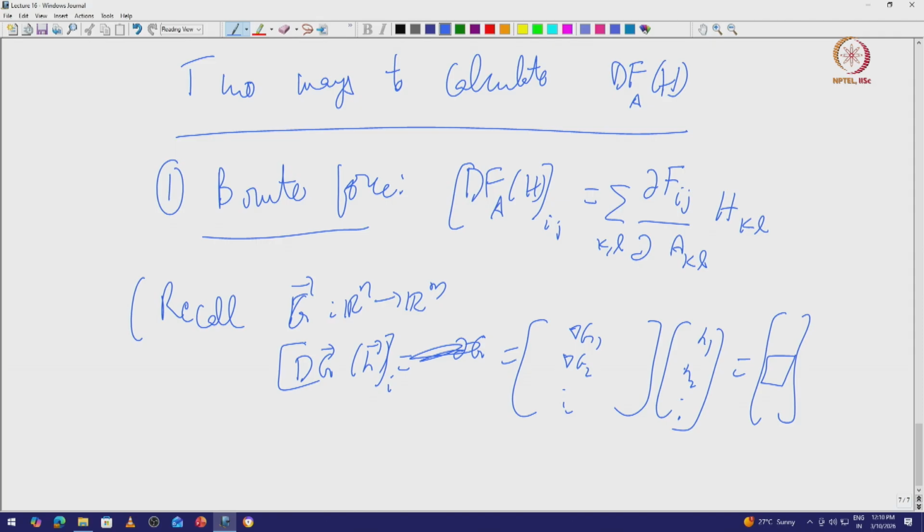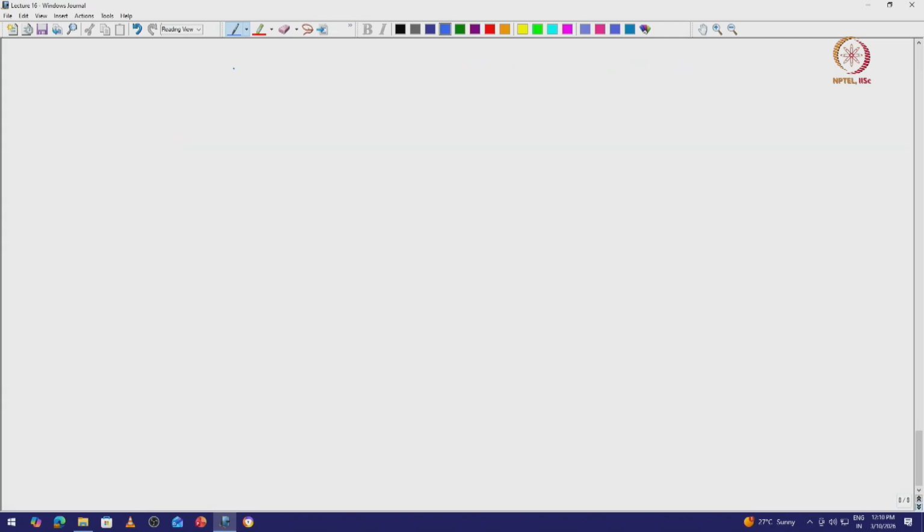It's obtained by multiplying row with column. In other words, this is simply the sum over j of dg_i/dx_j times h_j. Except here you have two indices, so it is df_ij with respect to, instead of x_j, it's A_kl, times h_kl. So now that we know this, we can do it explicitly.